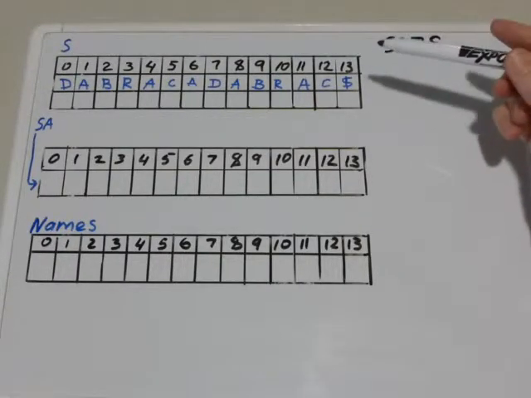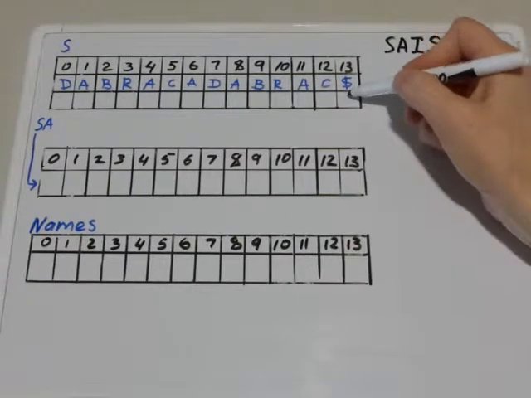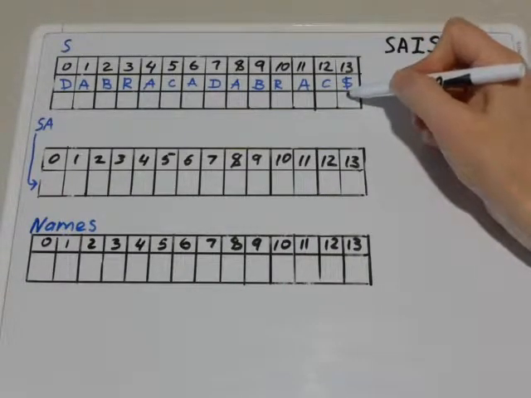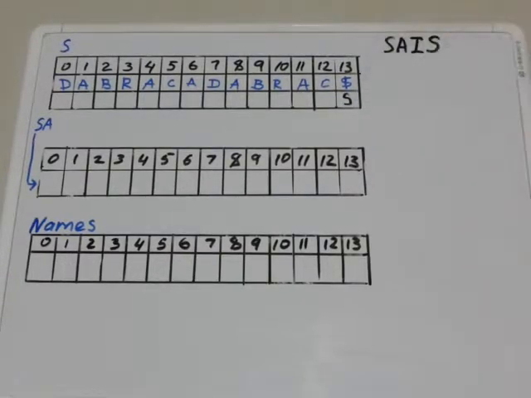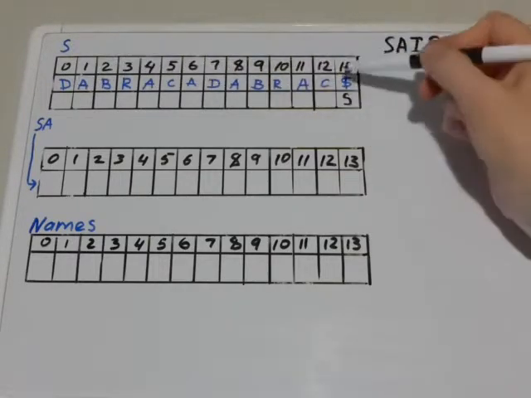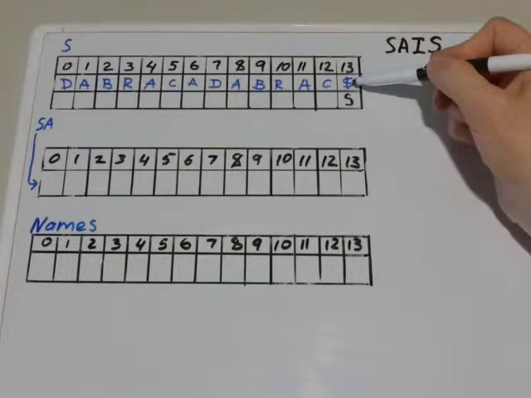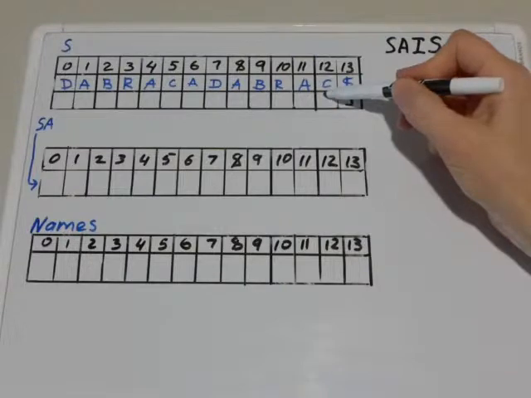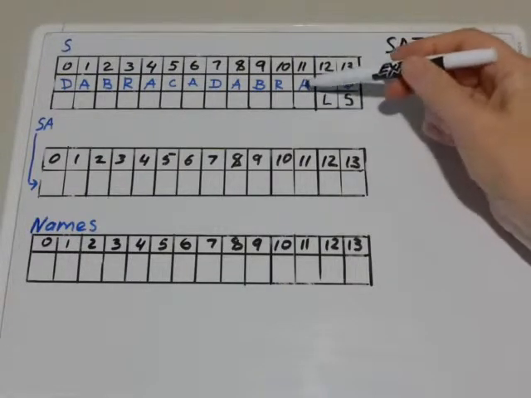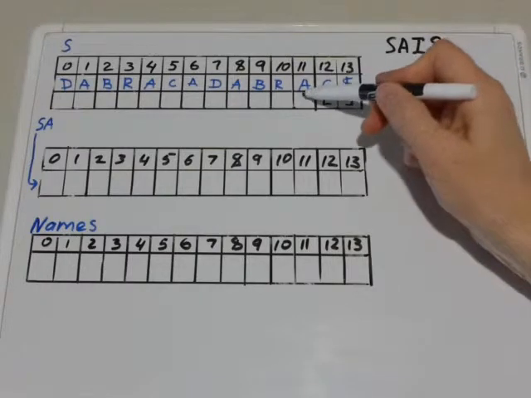To do this, we assign S type to the $ sign because it is the smallest suffix, so we put S, meaning small type. Then we go from right to left, and if the current character is greater than the next character, then the suffix is L type. If the current character is less than the next character, then the suffix is S type.